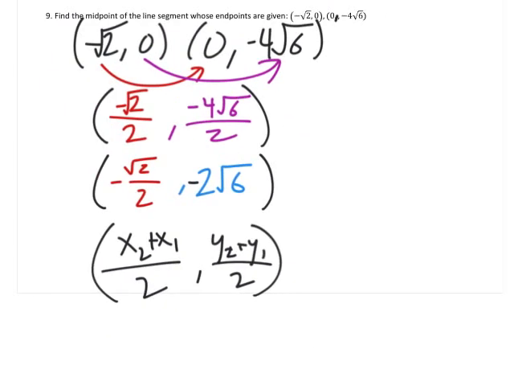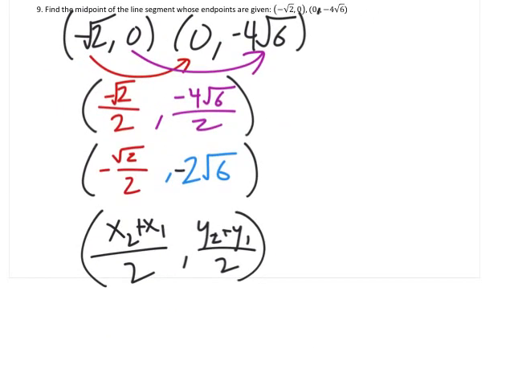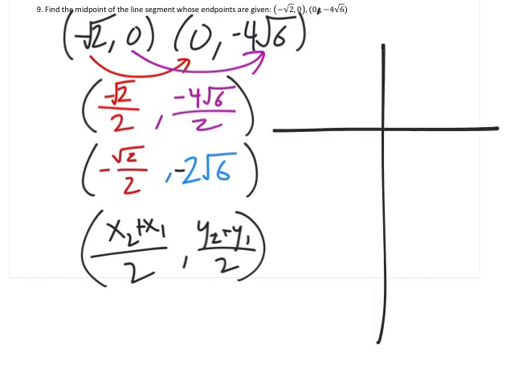If we were to look at this problem, for example, if I were to have this graphed, so -2, 0, and then -4, 6, -2, square root of 2, maybe somewhere around here, okay, negative square root of 2, and then -4 square root of 6, maybe that would be somewhere down here.